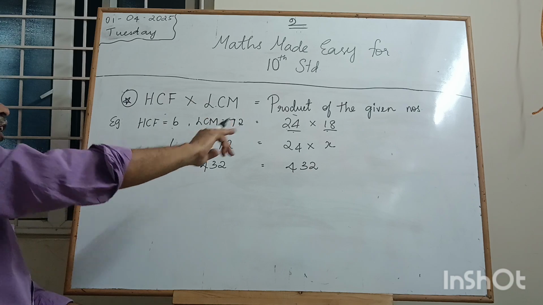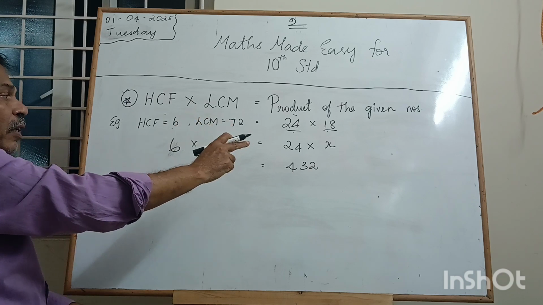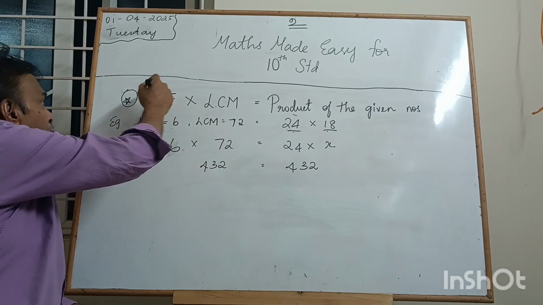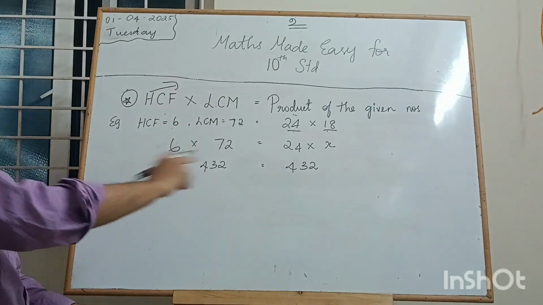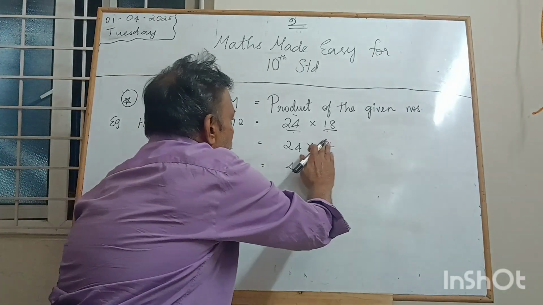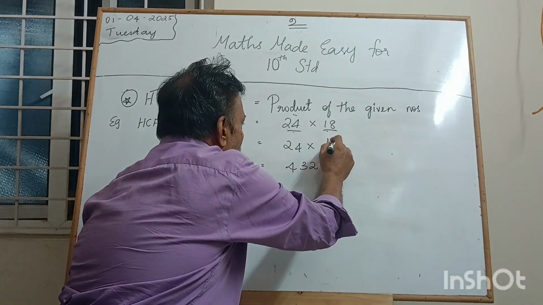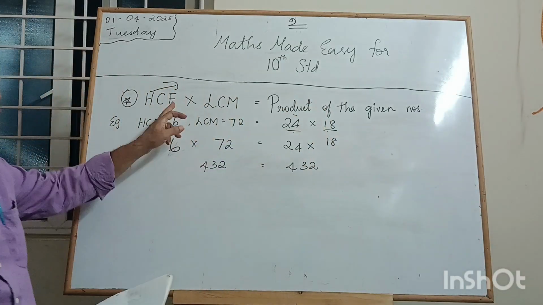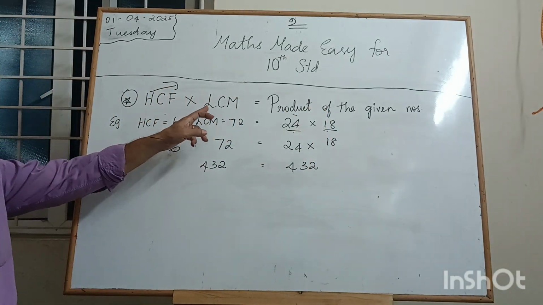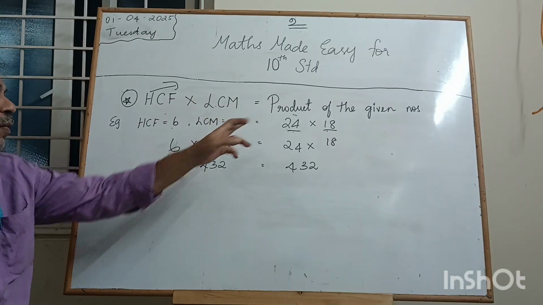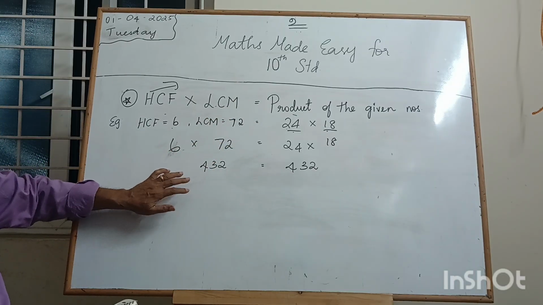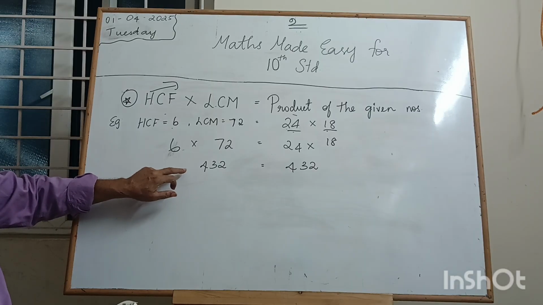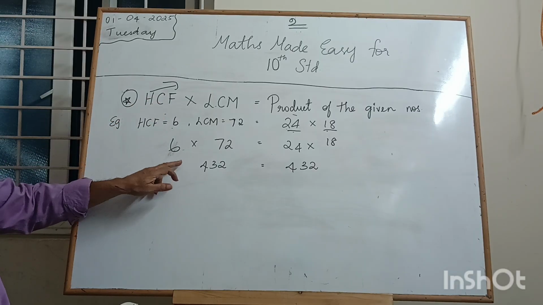In the exam, they will not give one number, so with the help of this equation you have to find the other number. So this is the number one theorem: HCF times LCM is equal to the product of the given numbers. Questions will be asked based on this theorem.